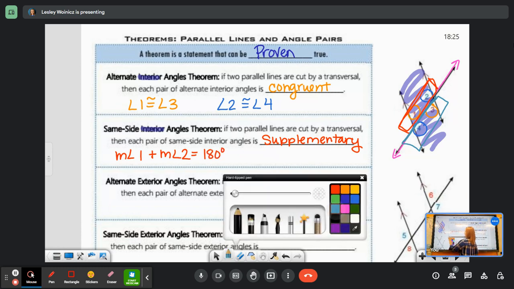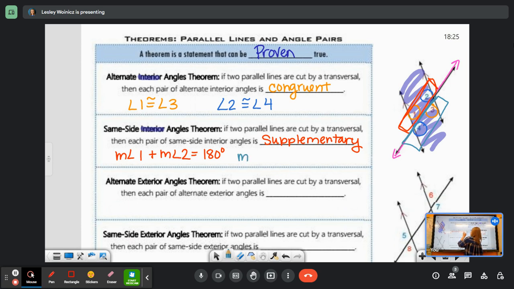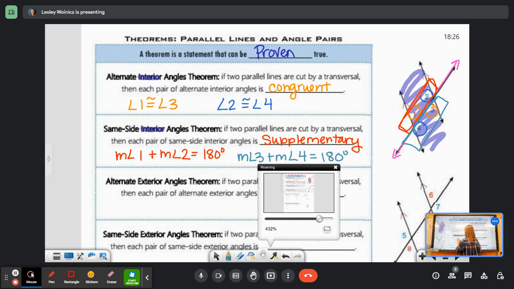Also, the measure of angle 3 plus the measure of angle 4 has to be 180 degrees. Supplementary means we add up to 180. Complementary means we add up to 90. Sorry that I boxed the wrong ones. I feel really bad. Okay, we're going to switch to a new picture because that one got gross.